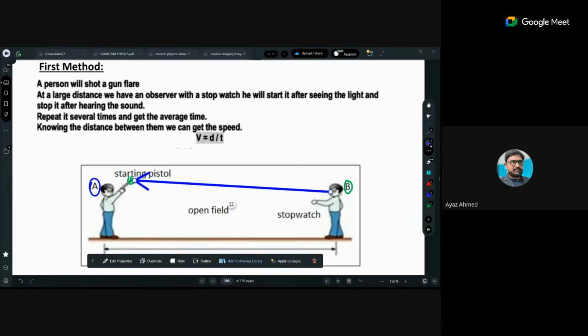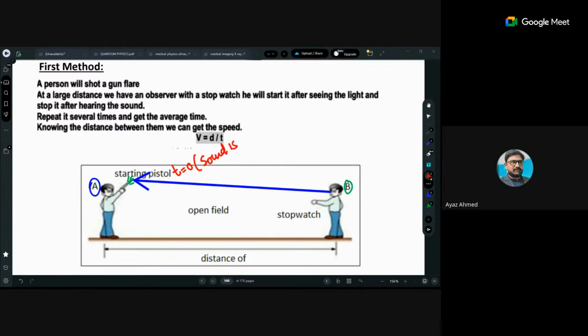This is the time t equals 0 when the sound has been generated.